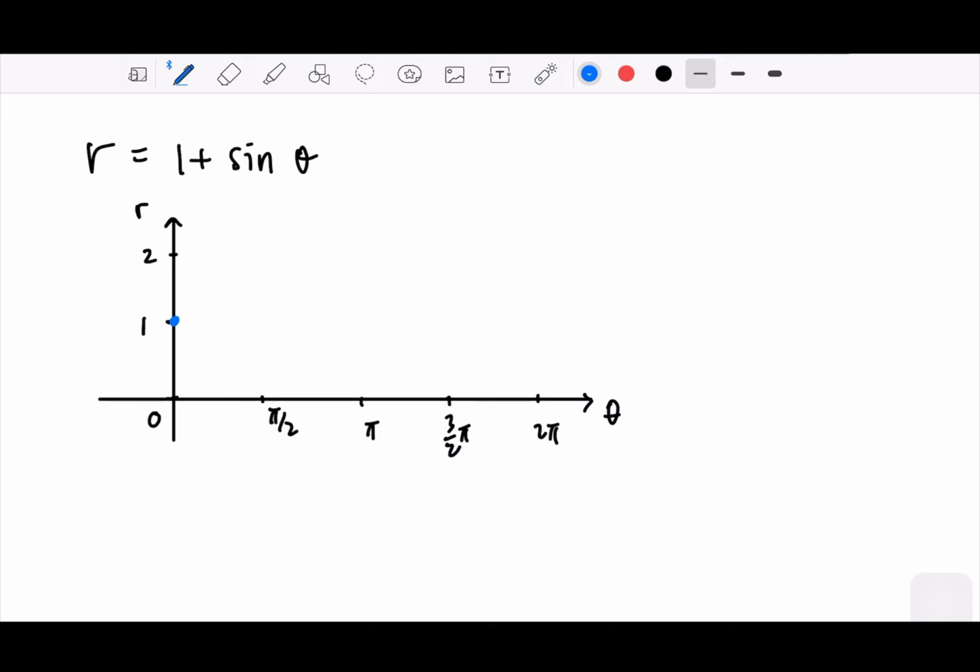And then it will increase up until maybe around here. And then 0 will be here, maybe around that. Maybe like that.